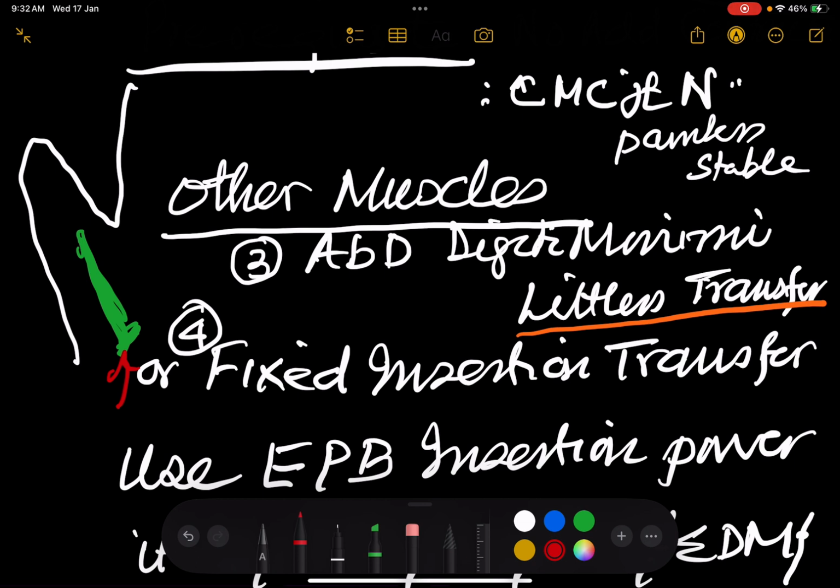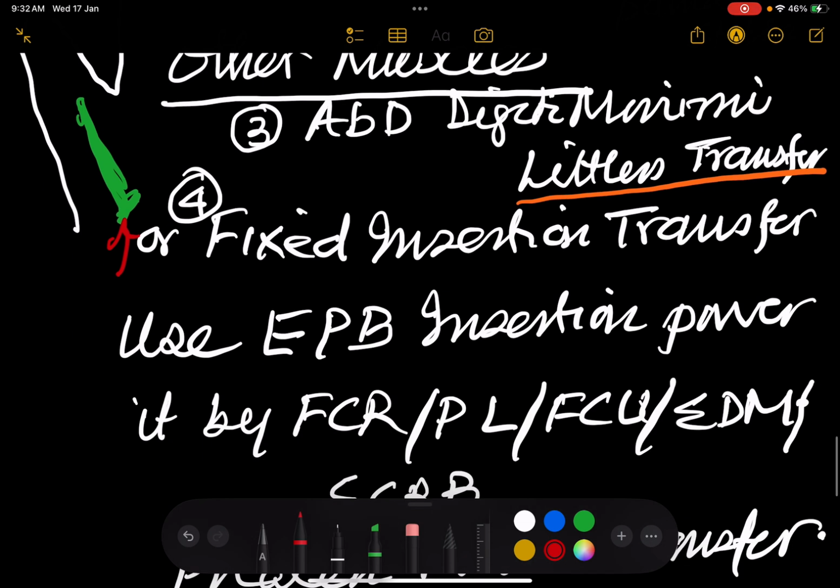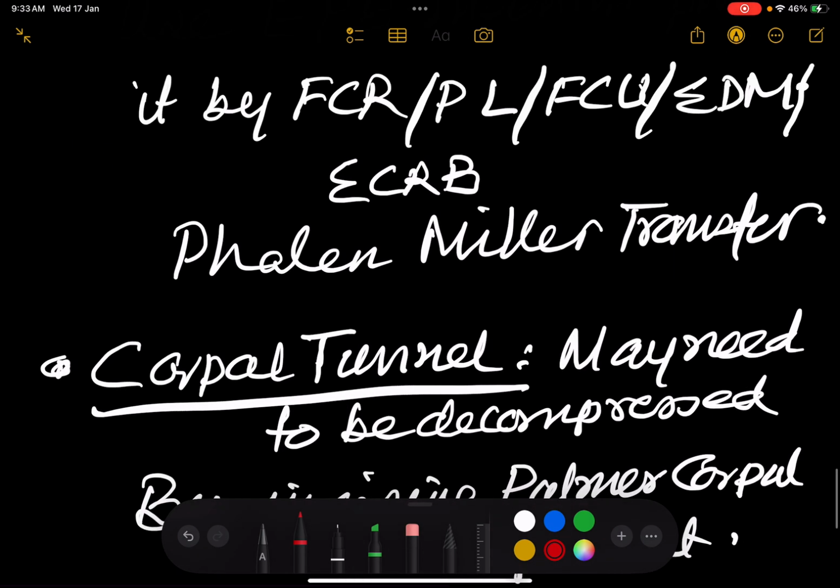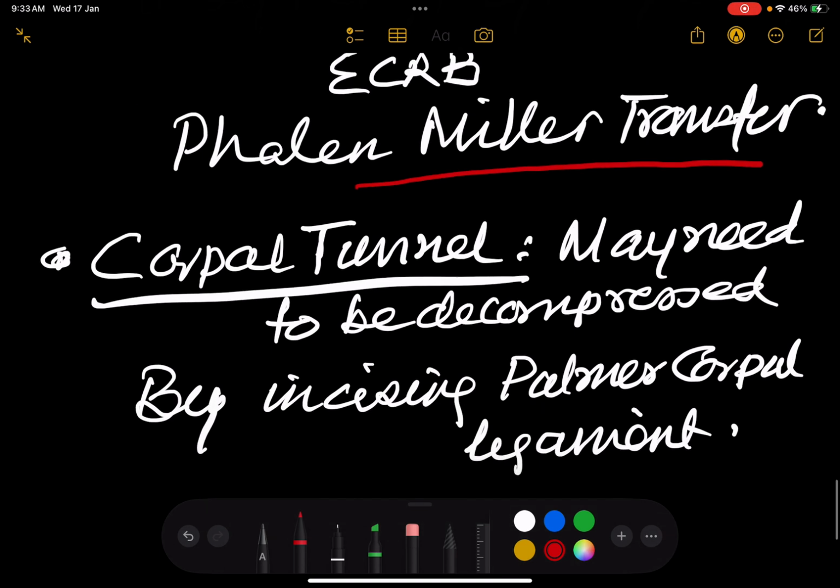Other motors that can be remembered: flexor carpi radialis, palmaris longus, flexor carpi ulnaris, extensor digiti minimi, extensor carpi radialis brevis. This operation is called the Burkhalter transfer, a fixed insertion transfer. Here you are using the insertion of the extensor pollicis brevis.